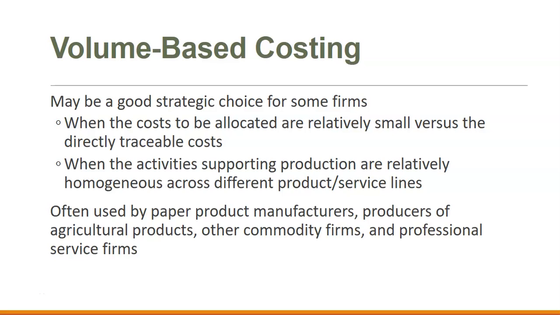Volume-based costing is good for companies that are relatively small and have few overhead costs, or when we have homogeneous activities across multiple product lines, service and product lines. So basically, if we're using process costing, we can use volume-based costing. It isn't appropriate, however, for every type of situation.